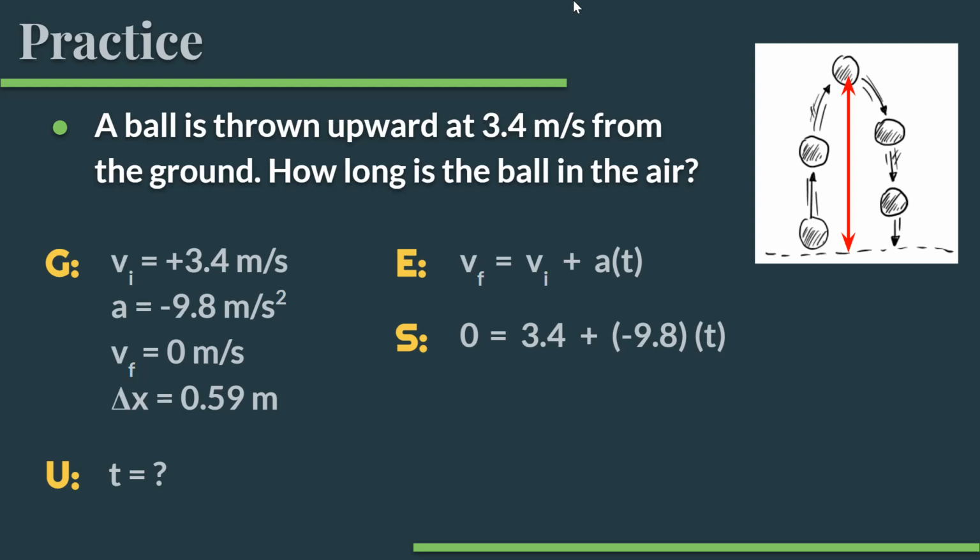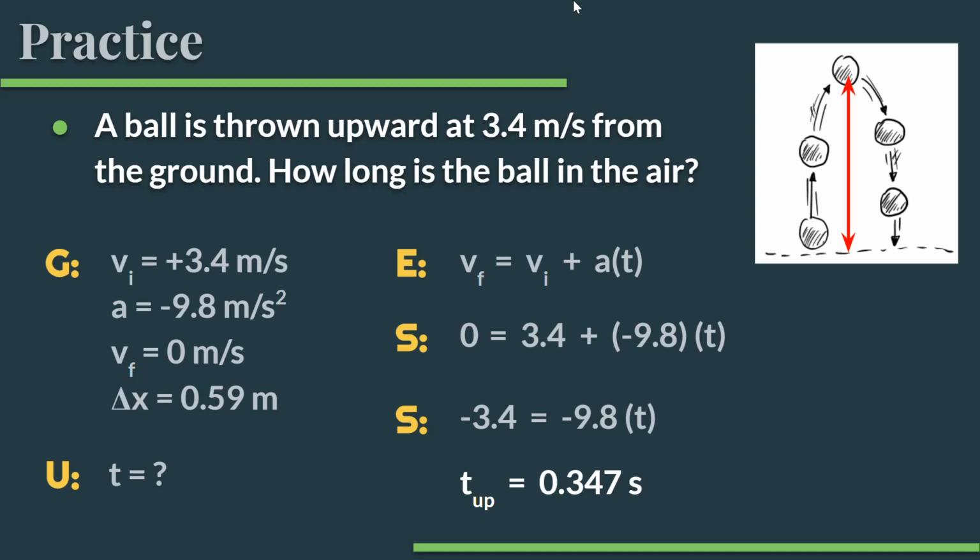They are not like terms. Instead, you need to move one of them to the other side of the equation by subtraction. So we're going to move 3.4 to the other side, giving us negative 3.4 equals negative 9.8 times T. And then to get T by itself, we're going to divide because it's being multiplied. When I divide both sides by negative 9.8, I get a time of 0.347 seconds.